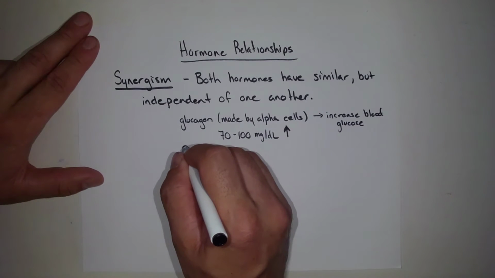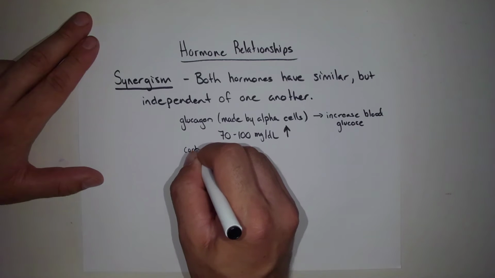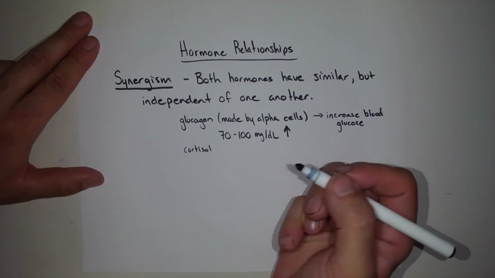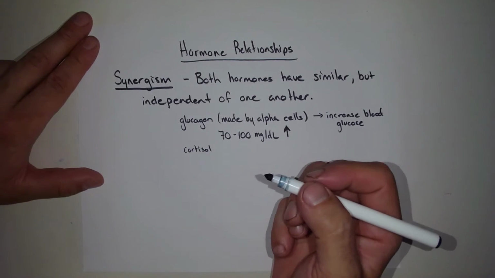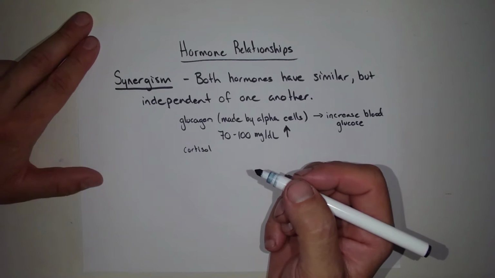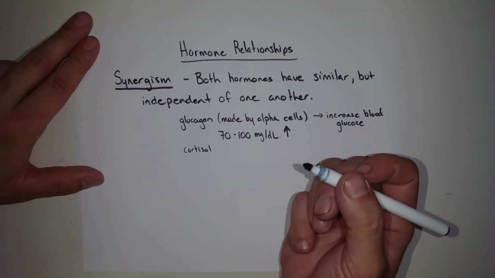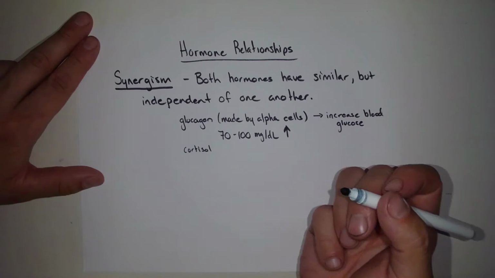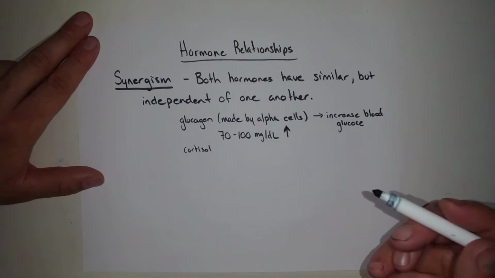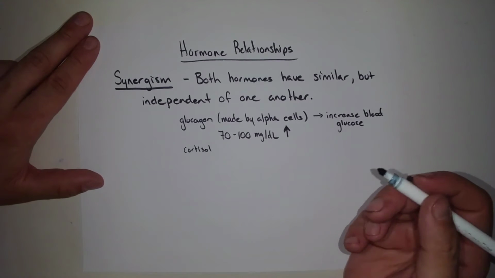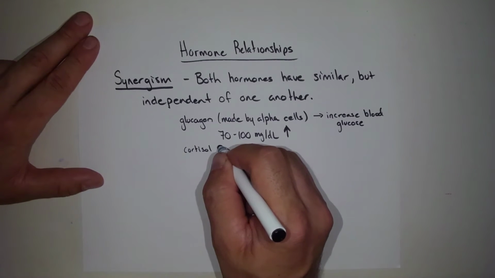If we add in, say, cortisol, now cortisol is a steroid hormone. I know that because it's made by the zona fasciculata of the adrenal cortex.